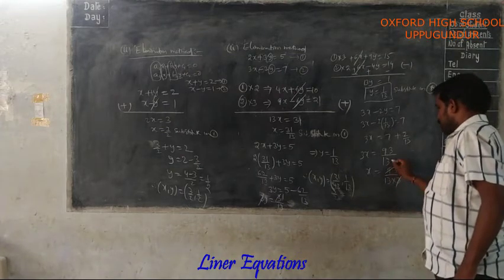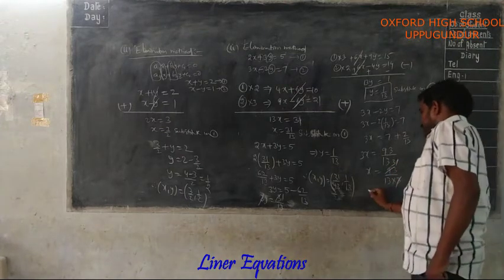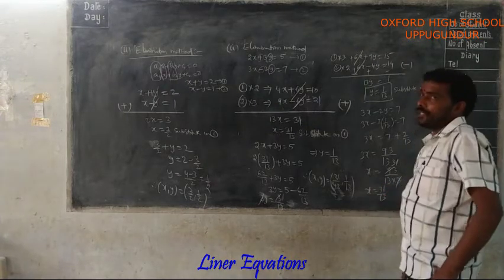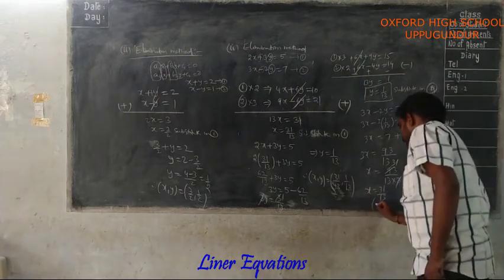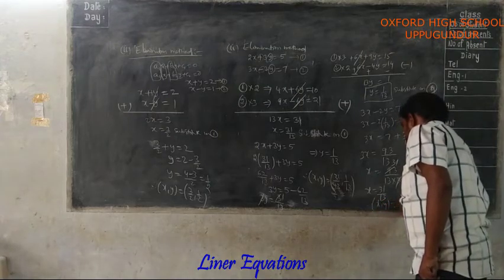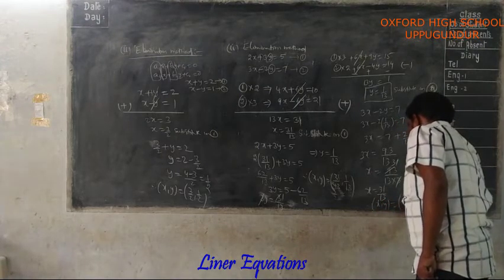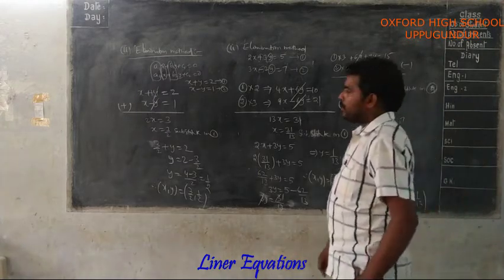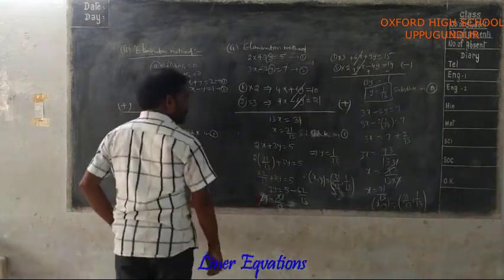So 3 threes are 9, 3 ones. X equal to 31 by 13. Therefore x comma y equal to 31 by 13 comma 1 by 13. So this is about the elimination method.